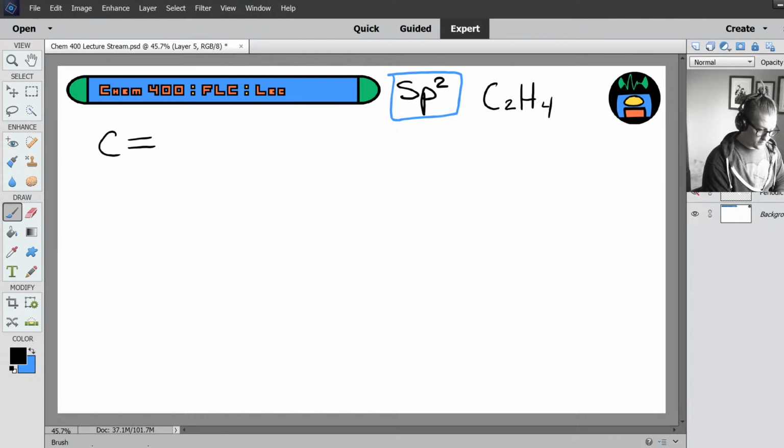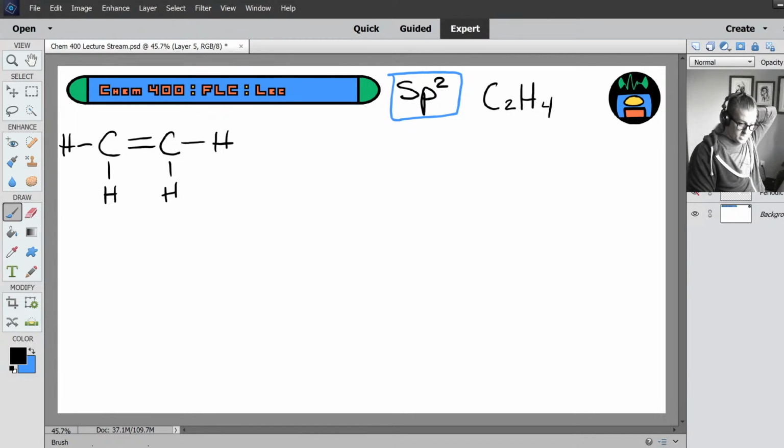Of course, you can do it by adding all the electrons up. But this is what the Lewis structure of C2H4 looks like. And this is our first example with a double bond.